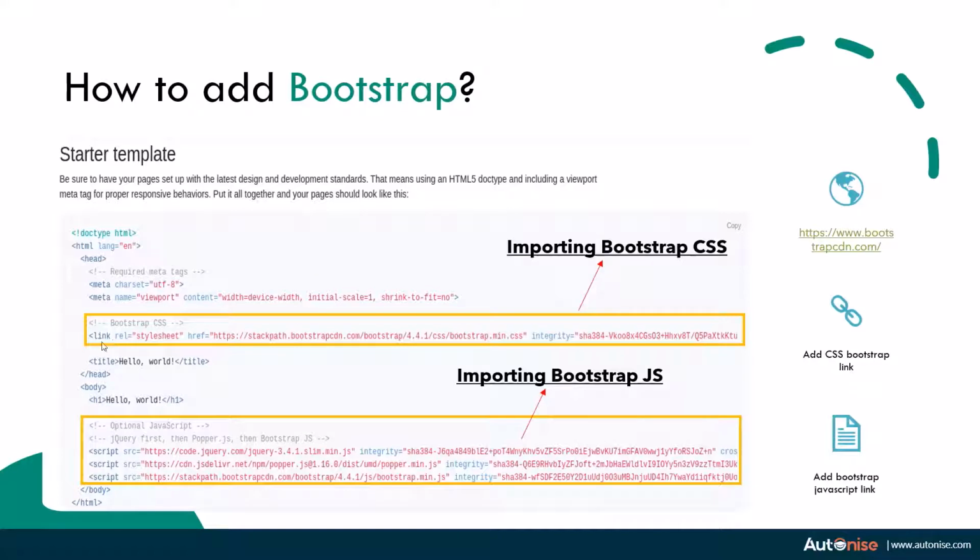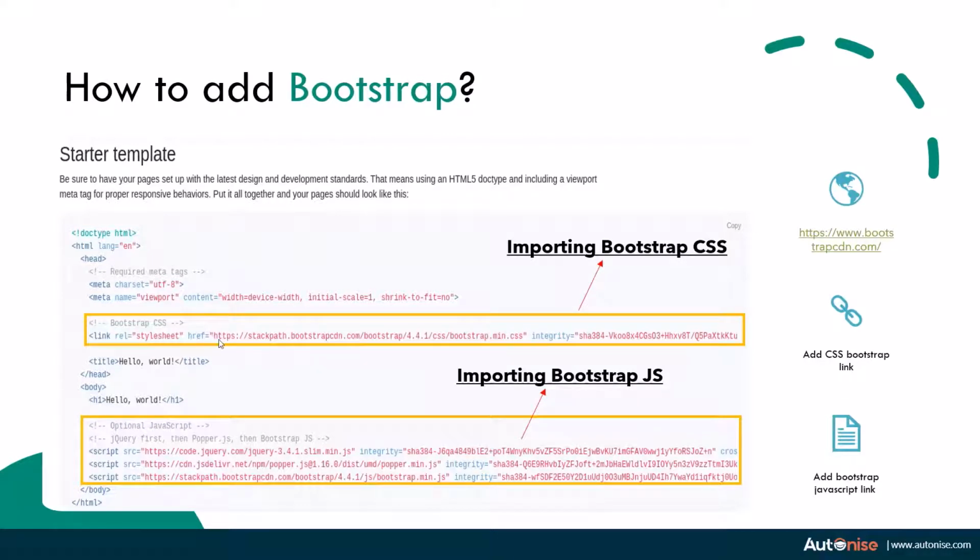As you can see, Bootstrap is imported using link. Similar to the way we imported our own CSS file, Bootstrap is also imported. The only difference is that the href is a URL.